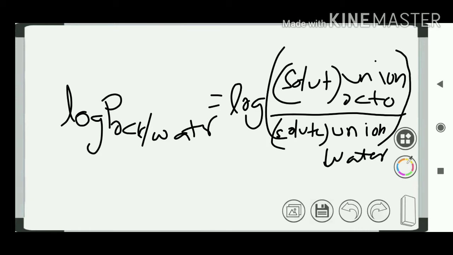To a first approximation, the non-polar phase in such an experiment is usually dominated by the unionized form of the solute. So we have the previous graphs, so you can denote this line, which is electrically neutral, though this may not be true for the aqueous phase. Okay, to measure the partition coefficient of ionizable solutes, the pH of the aqueous phase is adjusted such that the predominant form of the compound in that solution is in unionized form.